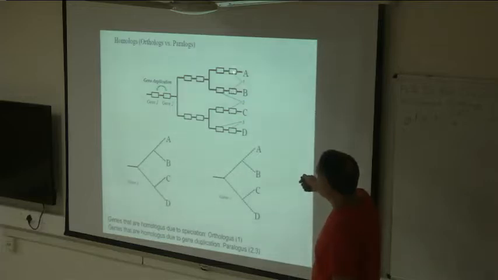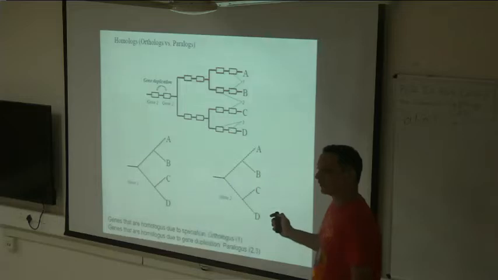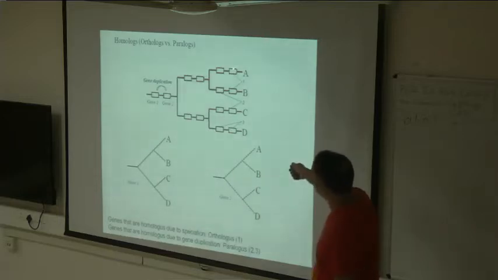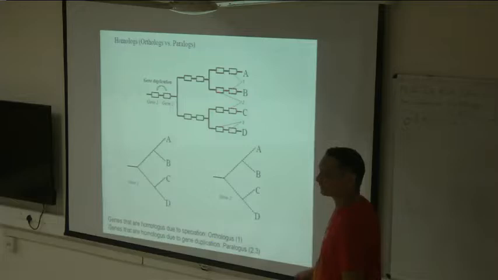If you compare the same copy in the daughter genes, we call them orthologs. Okay, so you're comparing the same copy. They are orthologs. But if you are comparing across copies, we call them paralogs.